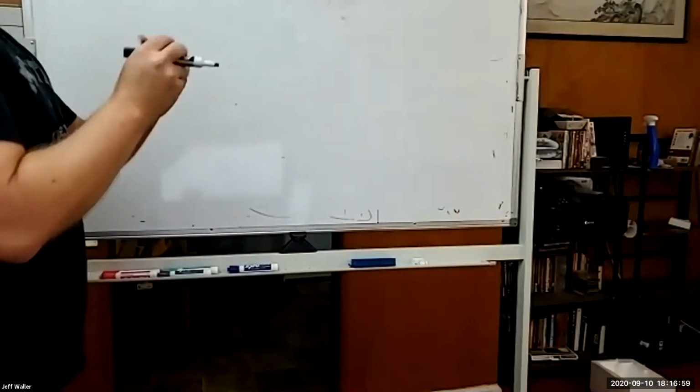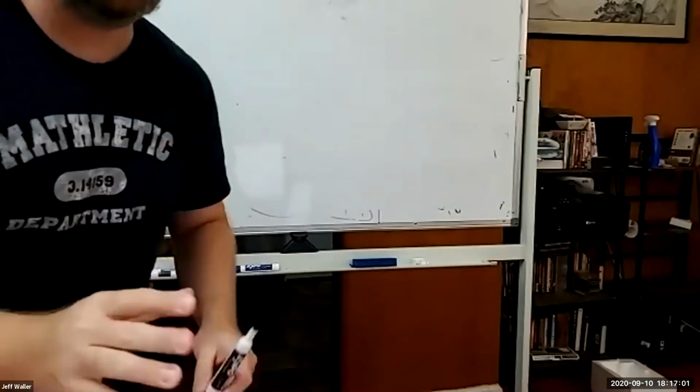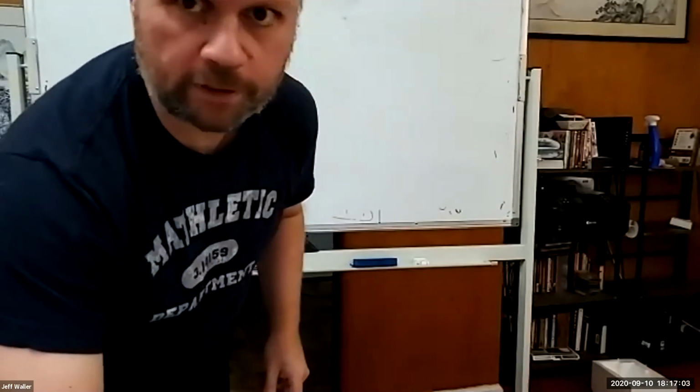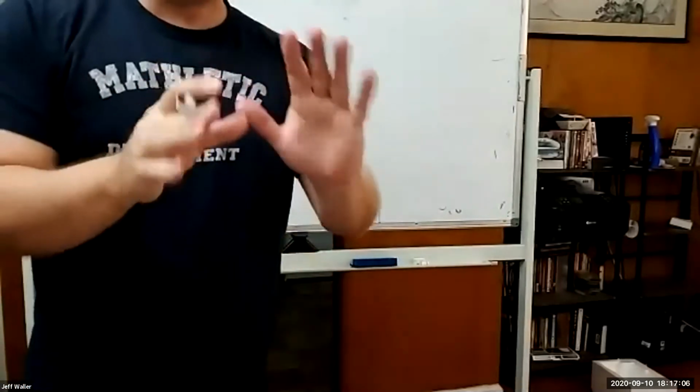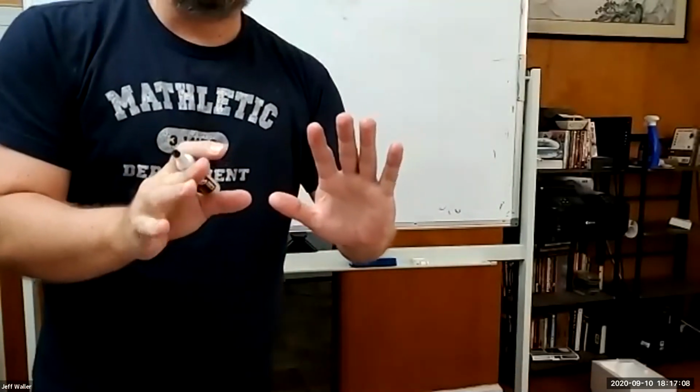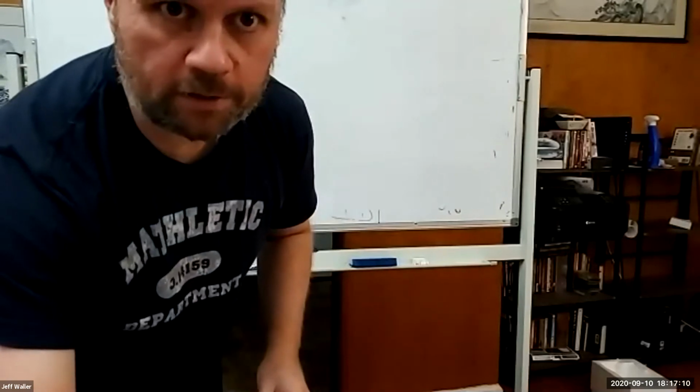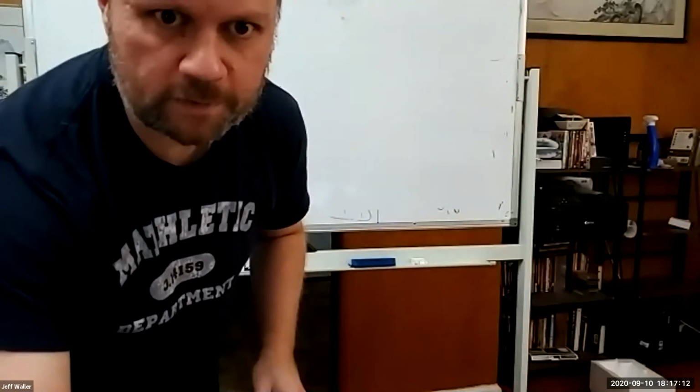So we're about to move into a place where we're going to have to know how to do certain things. There's something called long division of polynomials. Let me spotlight me.